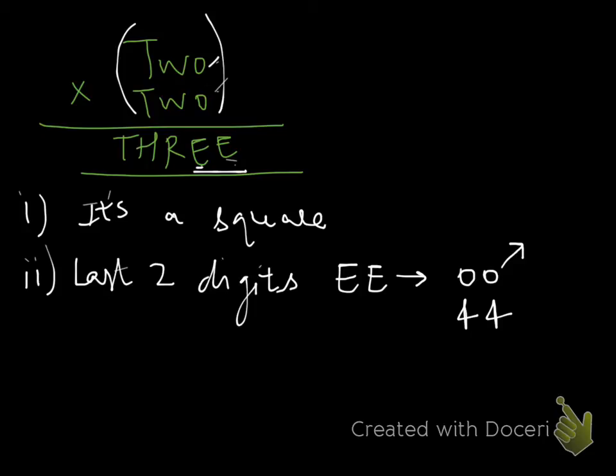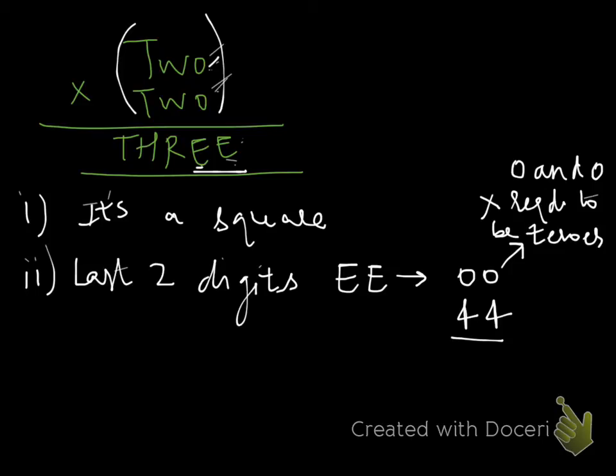So for this to be true, O and E would both have to be 0, which we know is not true, because we were given that each digit is hidden beneath only one alphabet. So O and E cannot be the same. This is not possible.